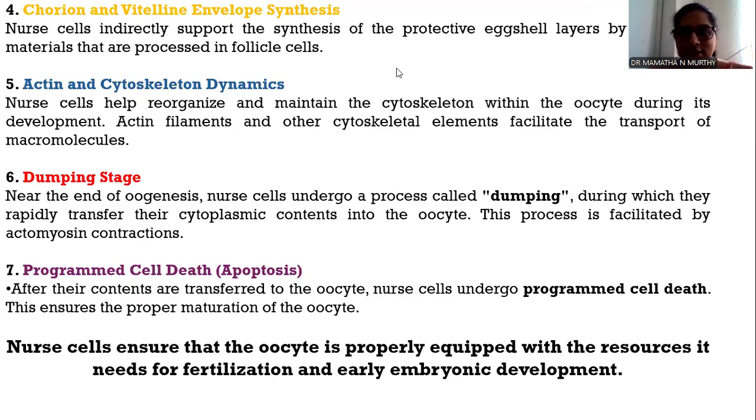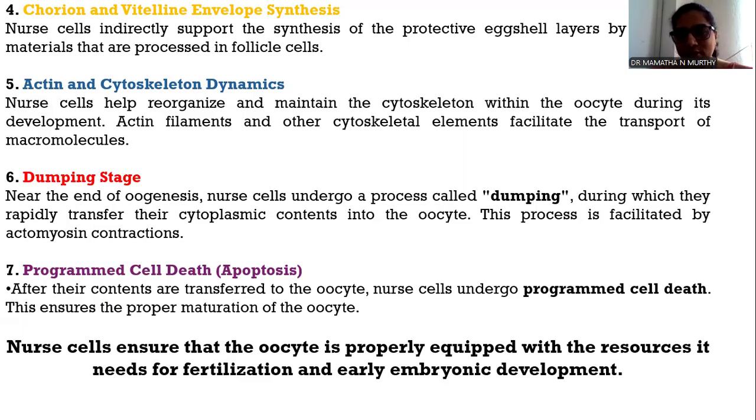Once the macromolecules, mRNA, and every required nutritional support are ready, the dumping stage takes place. That means there is a rapid transfer of these cytoplasmic contents into the oocyte by the nurse cells, and this process is called dumping.